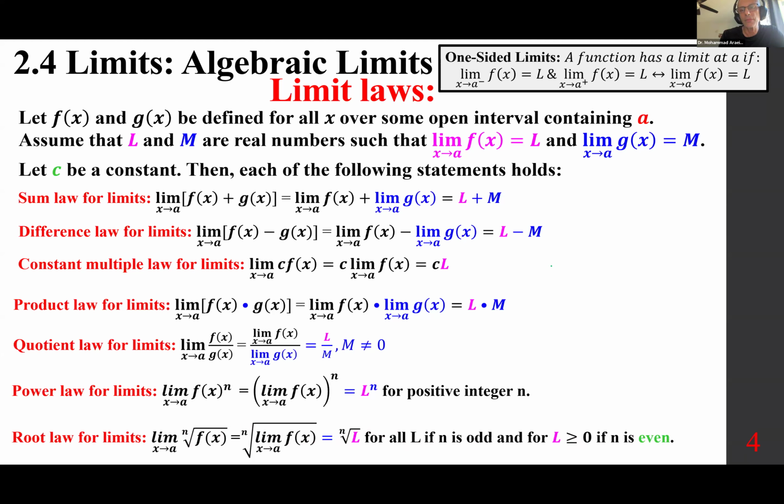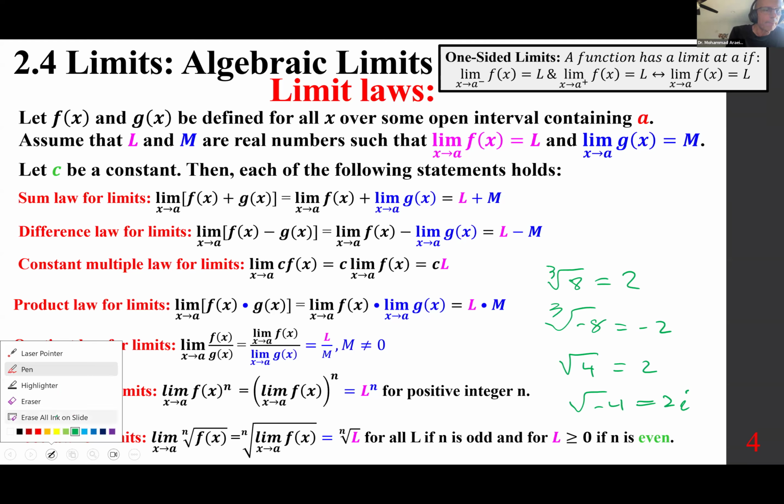Recall, if we have cube root of 8, the answer is 2. If we have cube root of negative 8, the answer is negative 2. No restrictions. But square root of 4 is 2, square root of minus 4, not a real number. It becomes 2i. That's why.